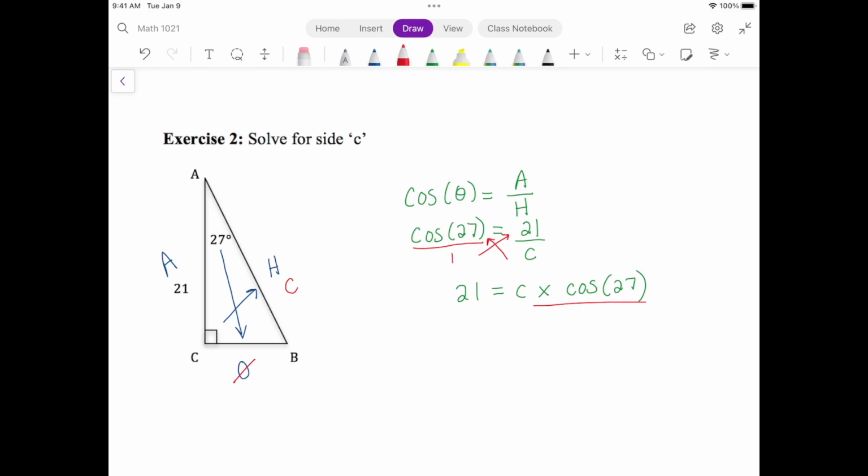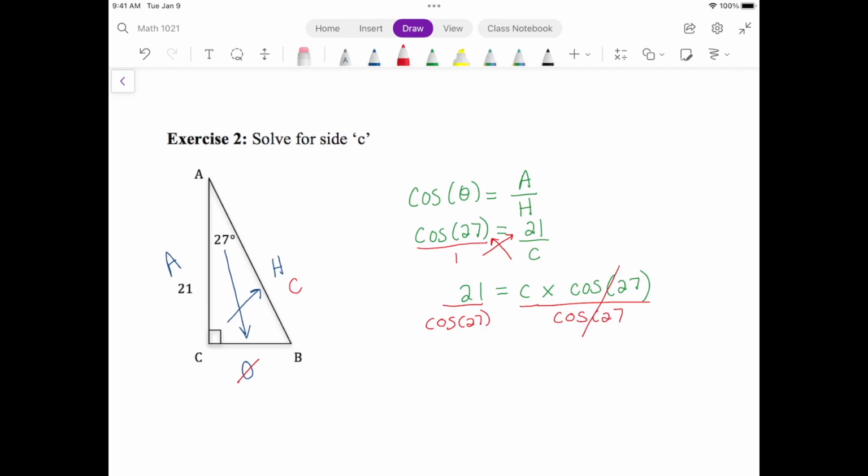So I'm going to divide both sides by the cosine of 27. And that way this will cancel, and I'm left with 21 divided by the cosine of 27 equals c. And we end up with c equals 23.57 if we round to 2 decimal places.